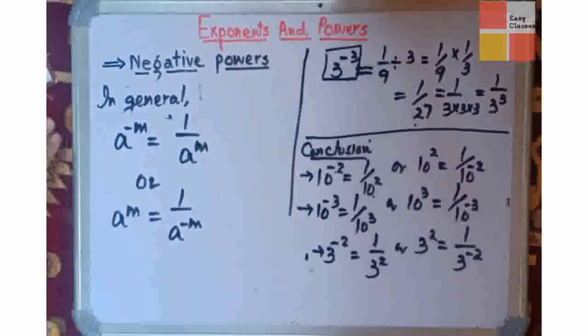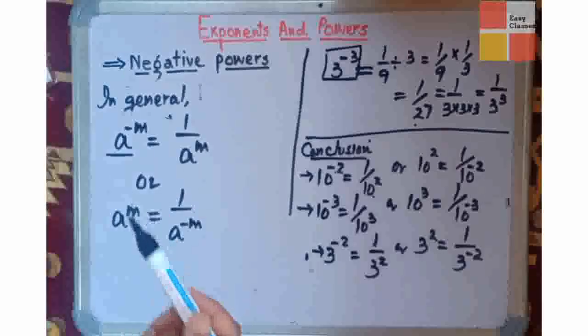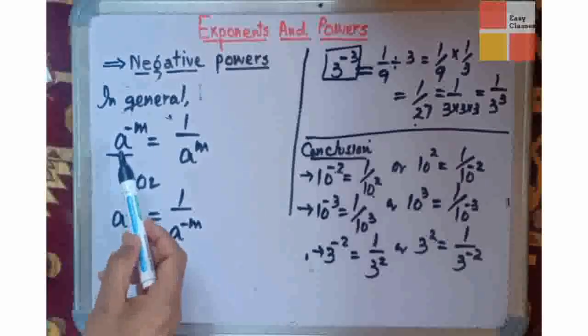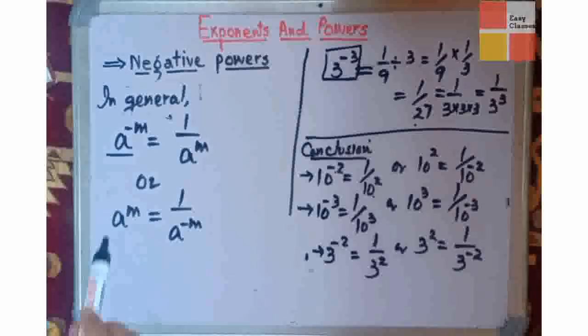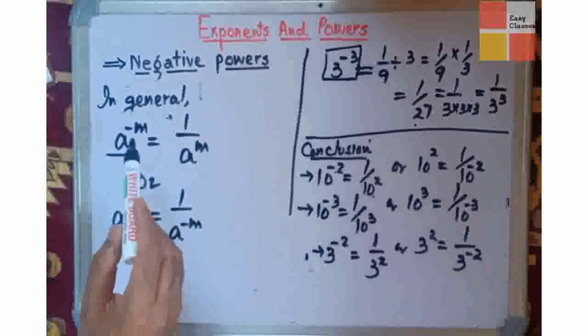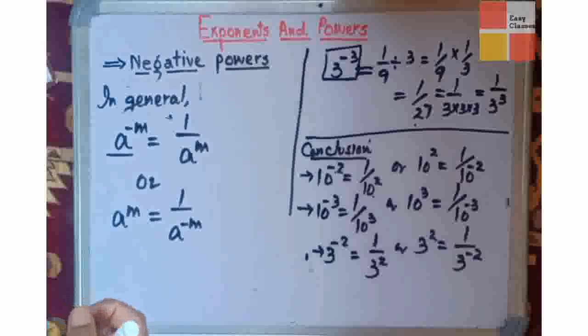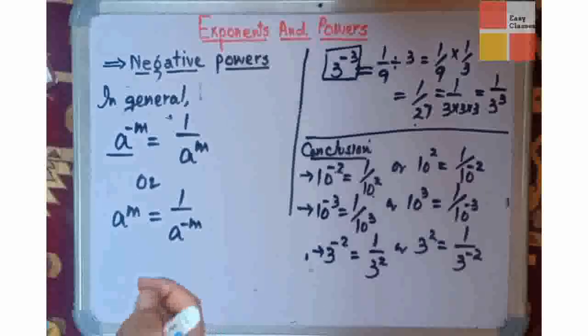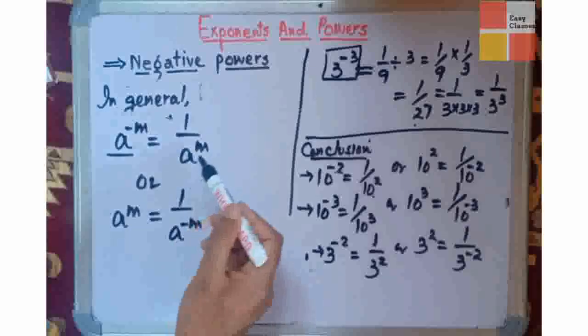In general, we can say that a non-zero integer a can be any non-zero integer: 1, 2, 3, 4, minus 1, minus 2, minus 5, minus 6. So any integer without 0 raised to power, say for example, minus m, where minus m is a negative integer, any negative integer like minus 1, minus 2, minus 3, minus 4, minus 5, that is equal to 1 divided by a raised to power m.